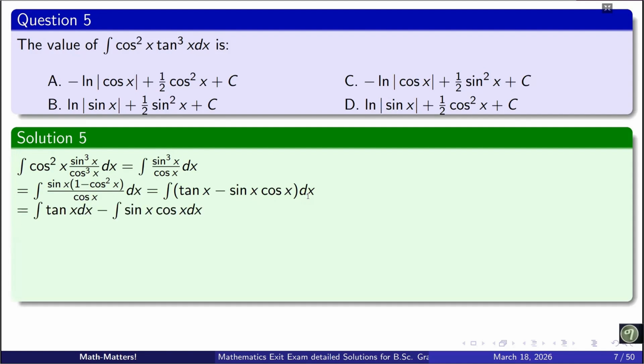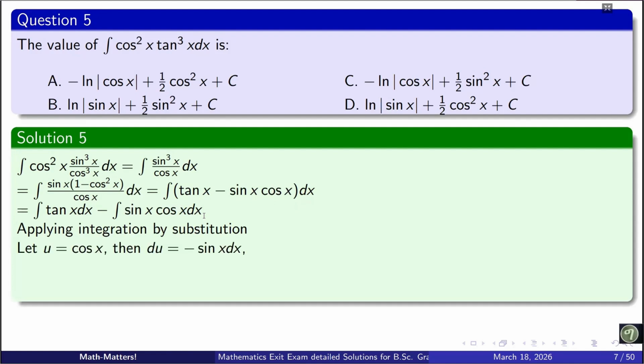Then we can distribute the integral over this, because the integral of the difference between two functions is just the integral of tan x dx minus the integral of sine x cos x dx.